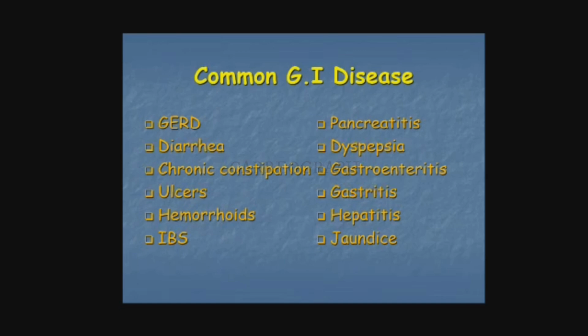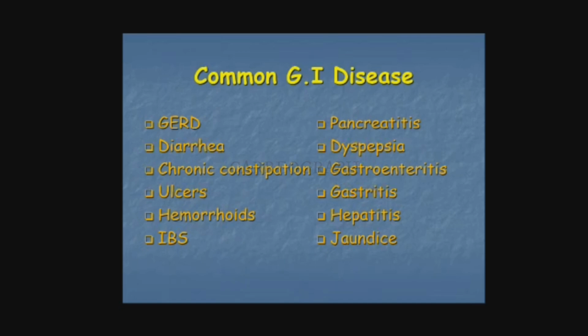A common GI disease is hemorrhoids. This hemorrhoid is bleeding from the anus, generally seen in the condition of piles. We have IBS. IBS is irritable bowel syndrome. Then we have pancreatitis. This pancreatitis is inflammation of the pancreas. Dyspepsia is indigestion. Gastroenteritis is the inflammation of stomach and intestine. We have gastritis.